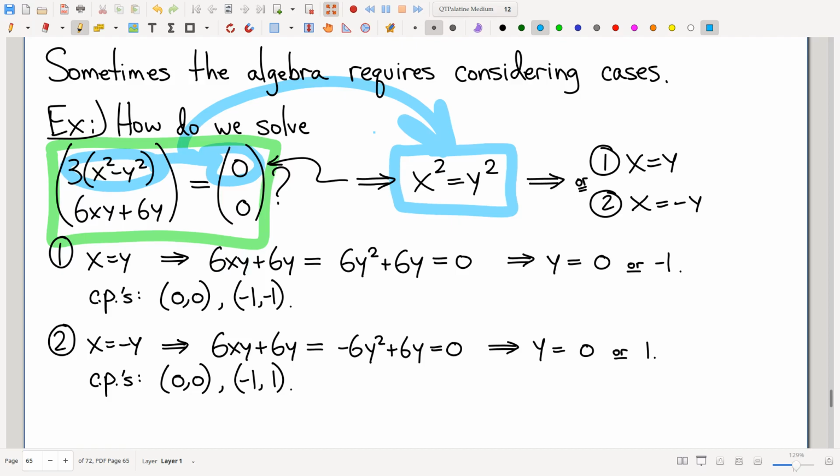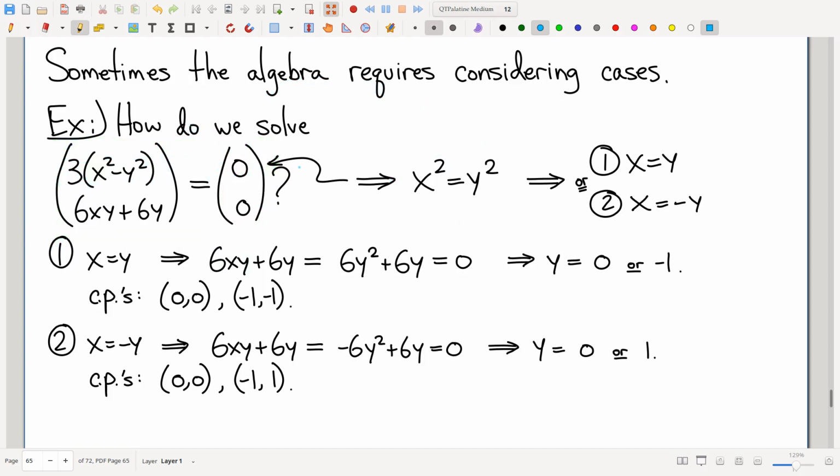Look, if x were negative y, this equation totally works, right? So this is the kind of nonsense that in some high school classes you can kind of get away with, and the instructor will either studiously avoid any situations where that creates a problem, or might not even be aware of the problem. You never know, right? So anyway, we can't do that. That's absolutely not going to fly for us.